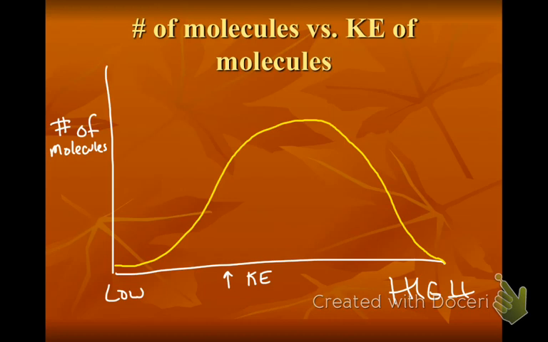So some are way down here in the low range, not very many, and then some have a very high kinetic energy, but most are right here, where I put that little tiny dot. And so if I were to average all of the kinetic energies, it would probably average somewhere around right here. So this would be your temperature, which would be the average.